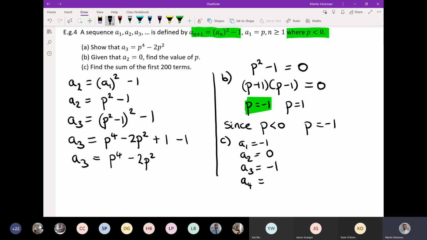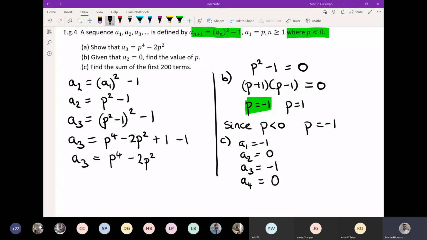Sorry, no, that was to find P3, wasn't it? Sorry. But if you look at the original sequence above, and put in A3 there, so square your -1, you're going to get +1. 1 take away 1 is going to give you 0. So A4 is going to be 0.